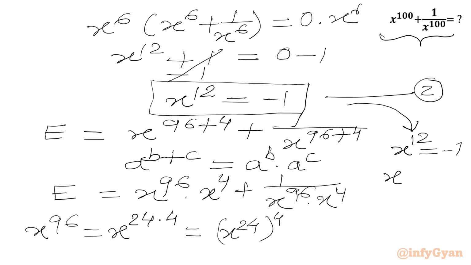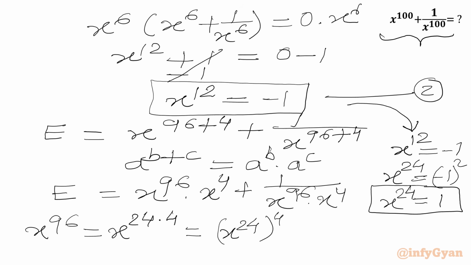So after squaring both sides, we will get x power 24 equal to minus 1 square. So we will get 1. x power 24 will be 1. So we can write here 1 power 4, which is equal to 1. So in place of x power 96, we will write 1.